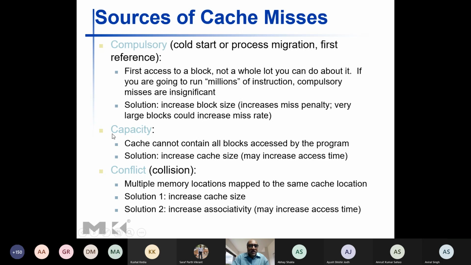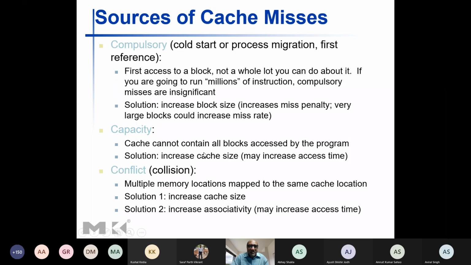To bring some block in, if there is no space, we have to replace something, and then the replaced one may be required later, maybe sooner. So sometimes it is very difficult to discriminate whether a miss is due to capacity or due to conflict.